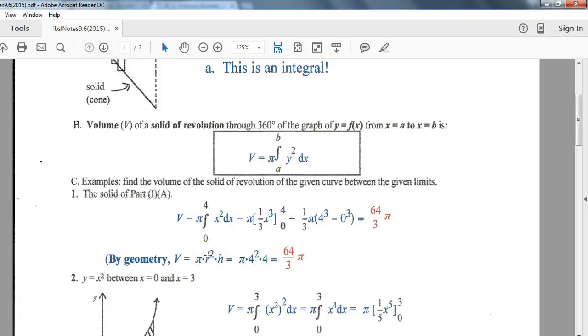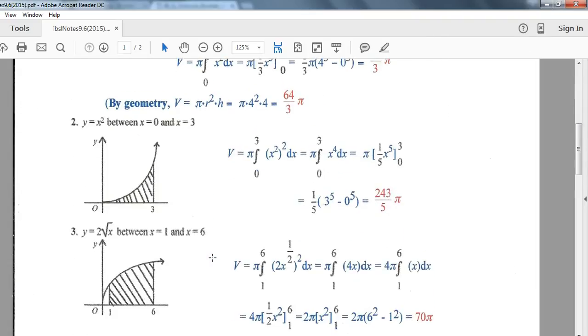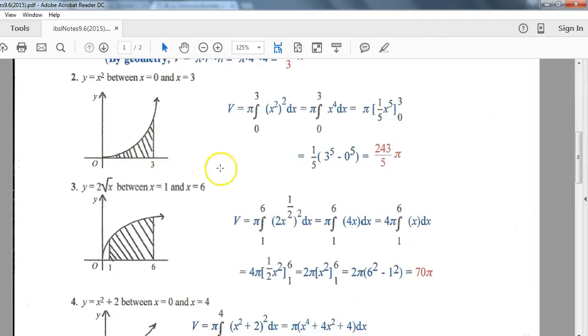The only problem with the geometry formulas are the shapes that are created, the solids that are created, don't always fit a nice clean geometry formula like this one did. So we kind of need the integral process to do just about all of these. And take this one for example.